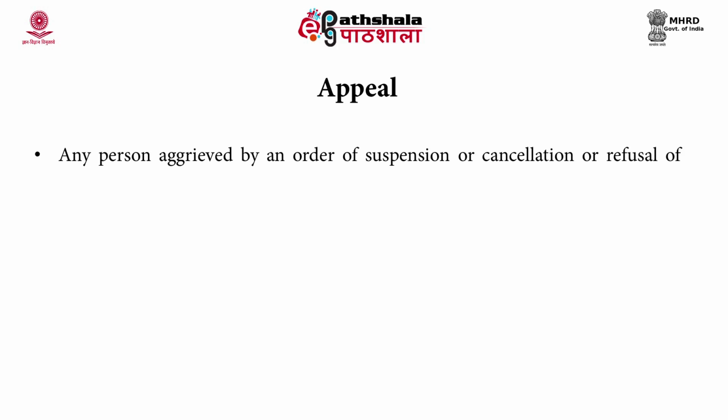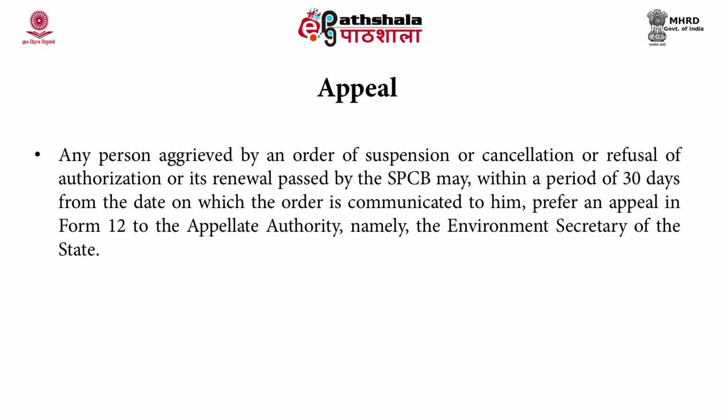Appeal. Any person aggrieved by an order of suspension, cancellation or refusal of authorization or its renewal passed by the SPCB may, within a period of 30 days from the date on which the order is communicated to him, prefer an appeal in Form 12 to the appellate authority, namely the Environment Secretary of the state.